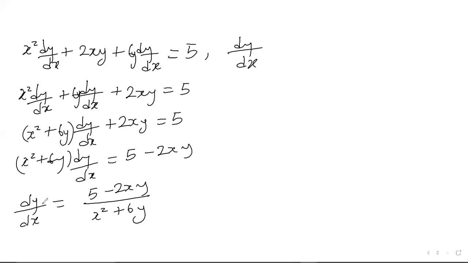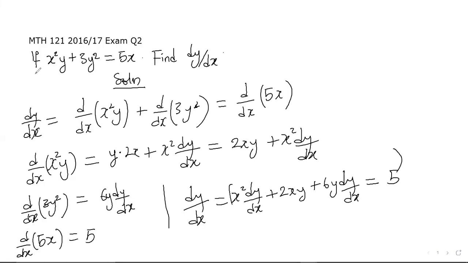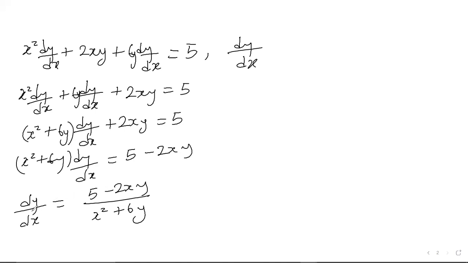So this is dy/dx. So that's how we differentiate that. This is the expression that we differentiated, we were asked to find dy/dx. So if we differentiate this, this is what you are going to get: dy/dx equals 5 minus 2xy over x squared plus 6y. So that's the answer to that. Thank you.